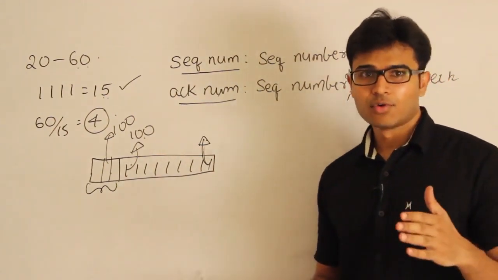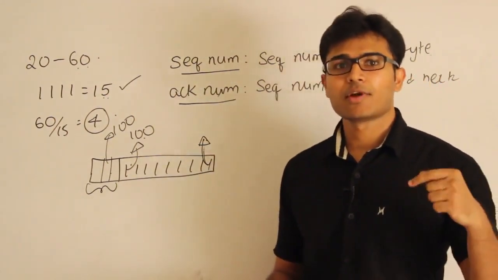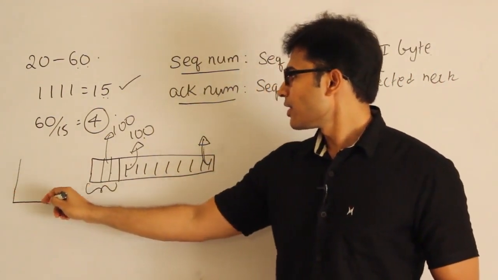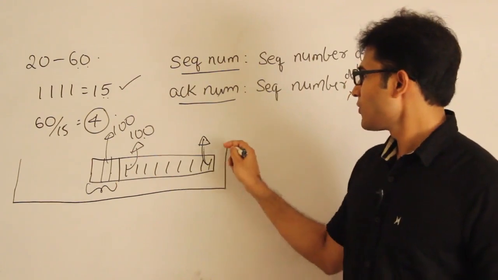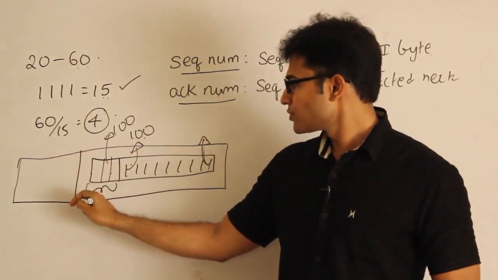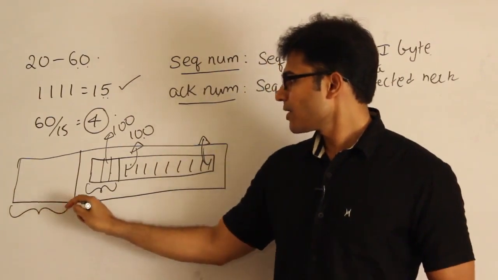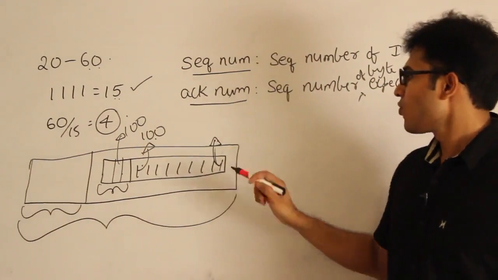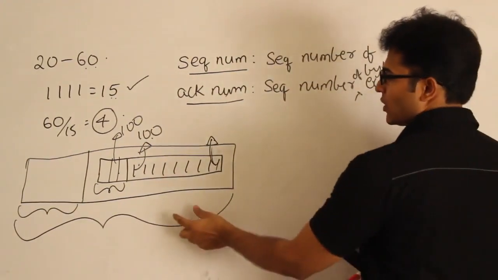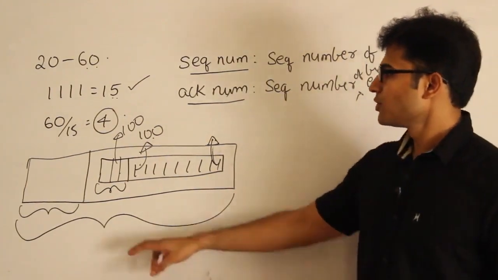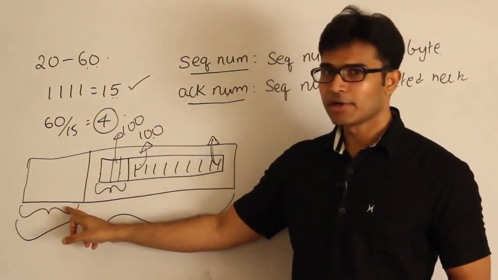So what we could do is take the help of the IP datagram. Every TCP segment will always go inside an IP datagram. The IP datagram has a header, with header length as well as a total length field. I take the total length field of the IP datagram, and from that I remove the header length of the IP datagram.